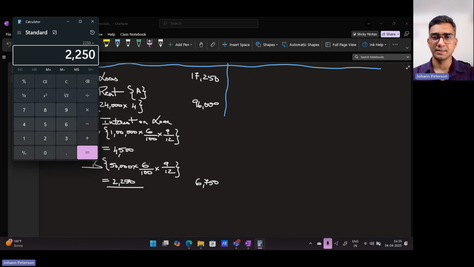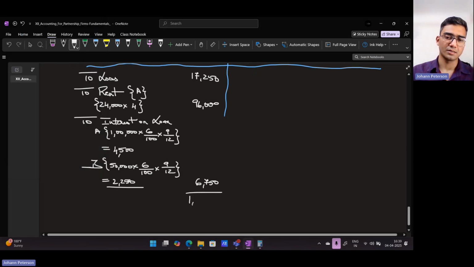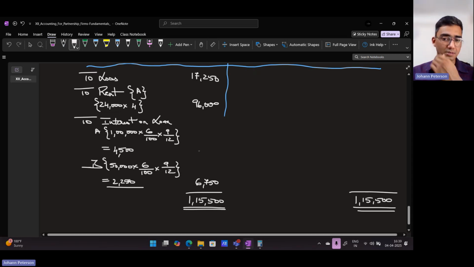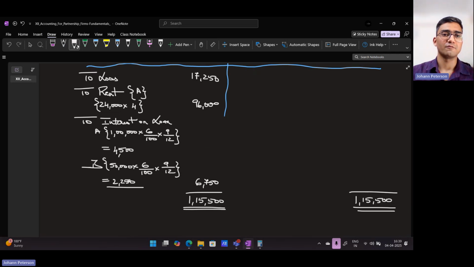So here, 2250 plus 17,250 plus 96,000 gives us 115,500. This will come on the other side. Another thing to note is this is a loss because it is found on the credit side in the profit and loss account.